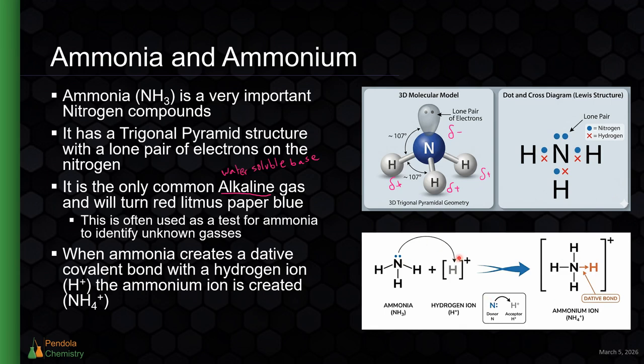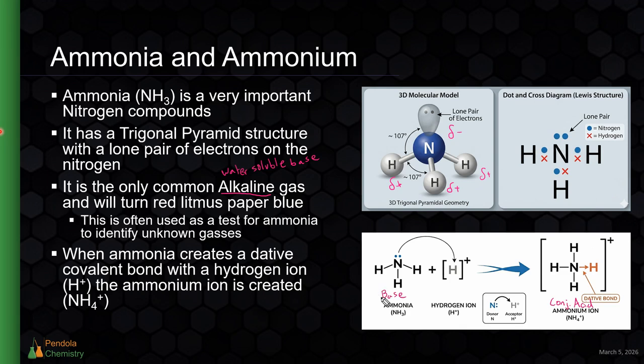That creation of the dative covalent bond to hydrogen, creating the ammonium ion, makes ammonia a base, and that means that ammonium is its conjugate acid. So ammonia base, making ammonium ions a conjugate acid.